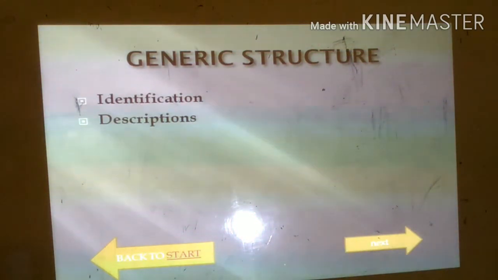It contains the introduction of the object that will be described. And the other part is description. It contains a description of the object by describing its form, color, size, or anything related to what the writer describes.